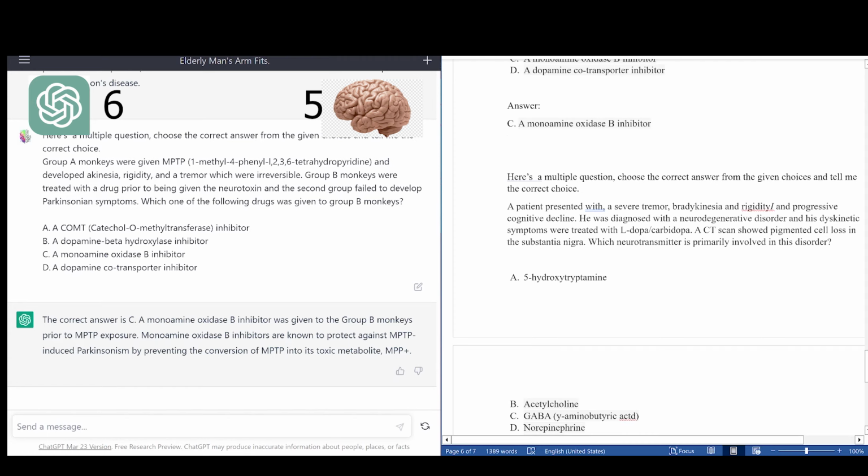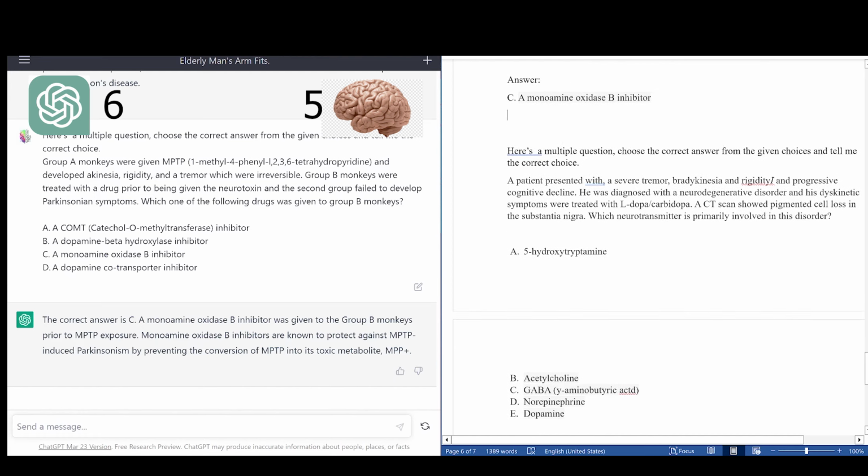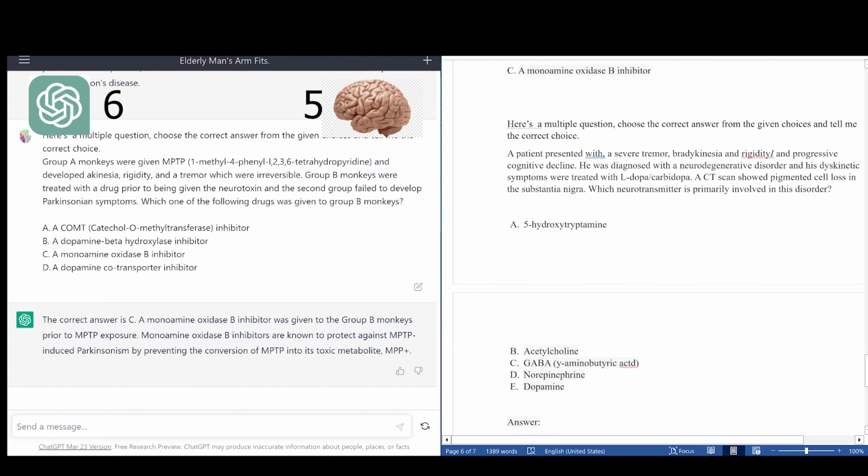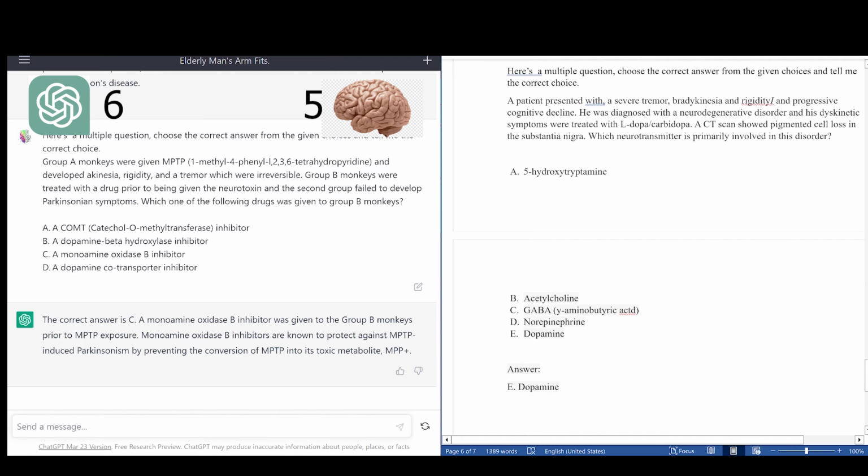A CT scan showed pigmented cell loss in substantia nigra. Which neurotransmitter is primarily involved in this disorder: 5-hydroxytryptamine, acetylcholine, GABA, norepinephrine, and dopamine. Okay, as it's talking about L-Dopa, so it's related to Parkinson's disease.